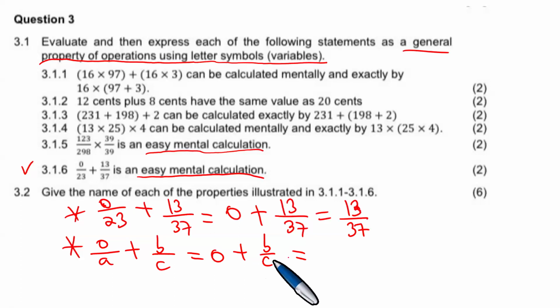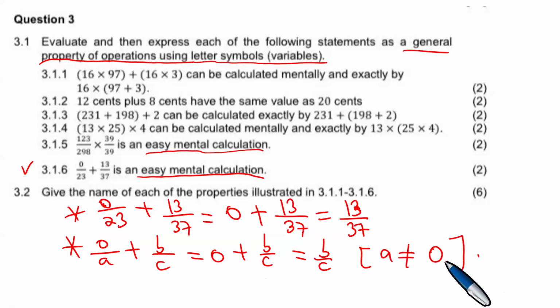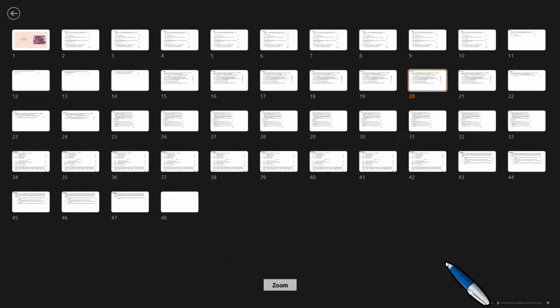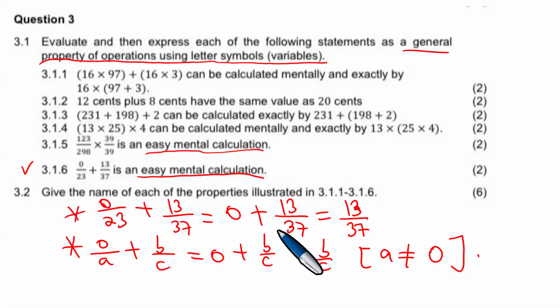Then 0 plus B over C is B over C. What is that condition? The condition is that A is not 0.